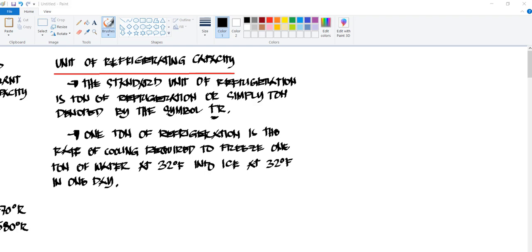And 1 ton of refrigeration is the rate of cooling required to freeze 1 ton of water.